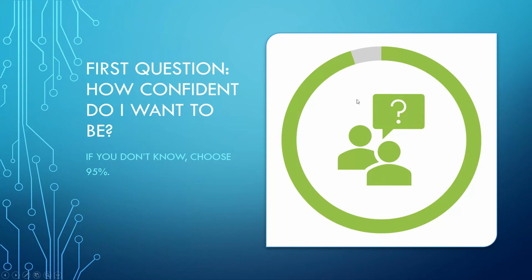So first things first, how confident do you want to be? And that's something you always have to decide on before you do anything in this section. Now, most of the problems you're going to be assigned, they'll just straight up tell you choose a 90% confidence level or a 95% confidence level. And if you don't know what you want to shoot for, just take 95%.